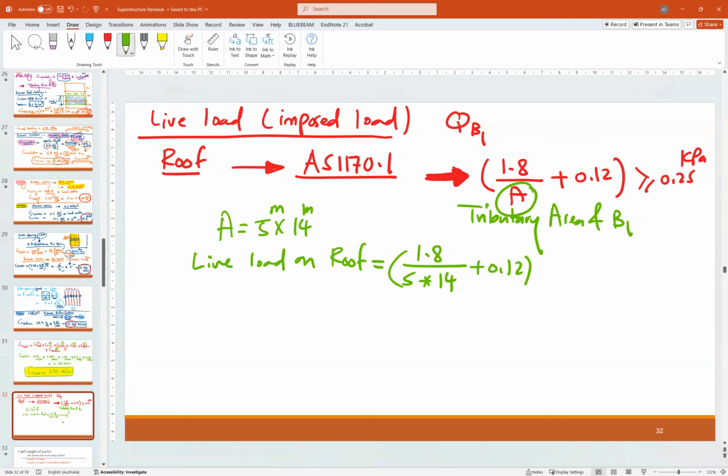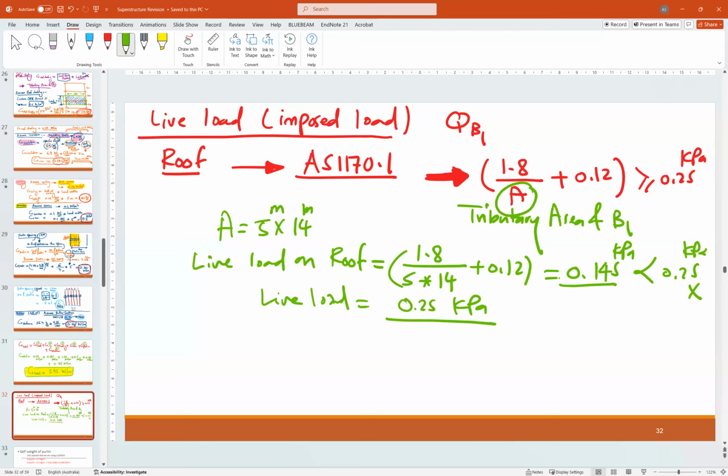The value is 1.45 kPa, or kilonewton per square meter, less than 0.25 kPa, which is not acceptable. So we will use live load on the roof equal to 0.25 kPa.